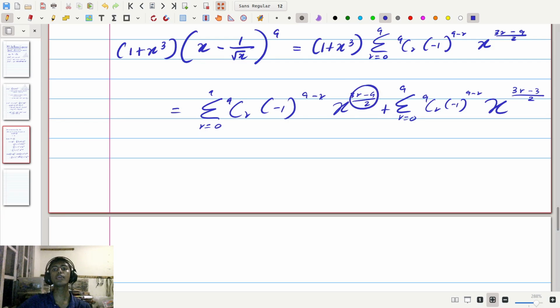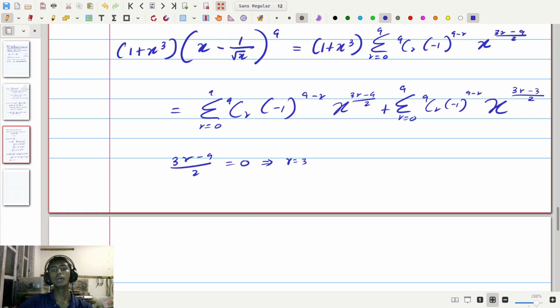Therefore, if we want this to output a constant term, this (3r minus 9)/2 needs to be equal to 0. So to find the r that will give that, we do (3r minus 9)/2 equals 0. If we multiply both sides by 2, we get 3r minus 9 equals 0, leaving us with 3r equals 9, and finally r equals 3.